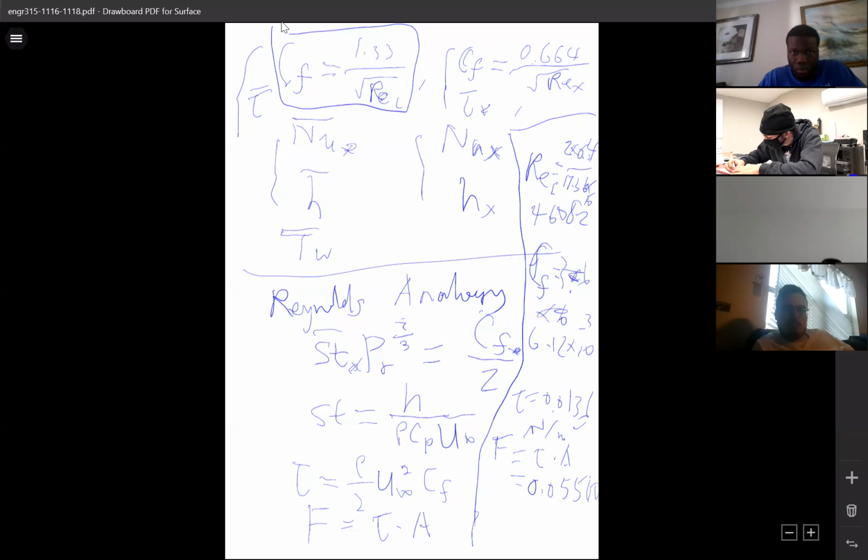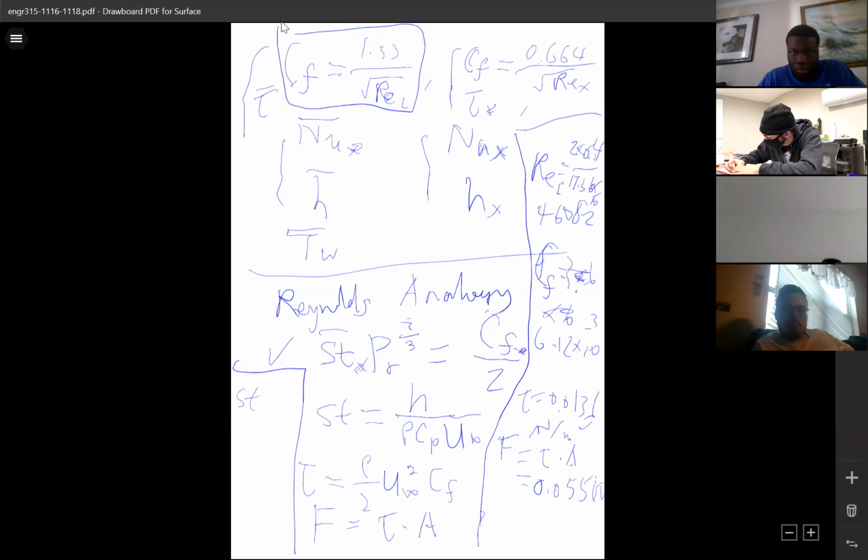Okay, what's the next question? Average h. Which equation are you going to use for average h? See, Reynolds analogy, right? You need to find your Stanton number. In this problem, the average Stanton number, based on half of capital CF, is 3.88 times 10 to the negative 3.